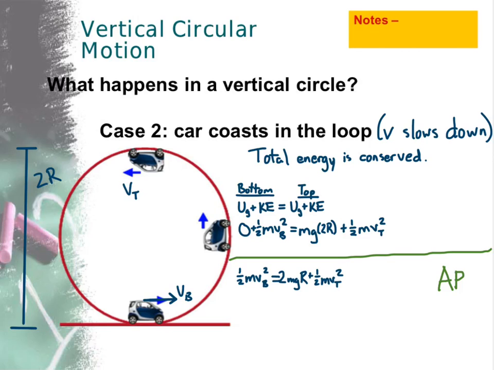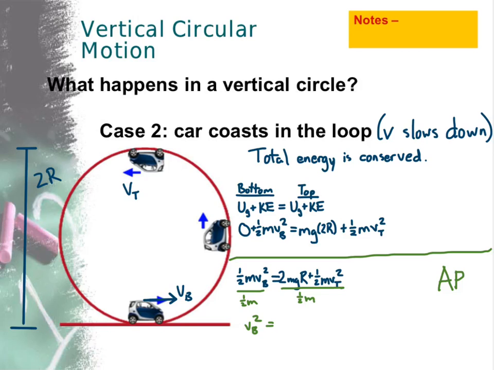So all I've done here is just rewritten this equation without the 0 out in front, and then rearranged this expression so that the coefficient's out in front. And then I'm going to divide both sides of this equation by 1/2 m. When I do that, I get v sub b squared on the left-hand side.